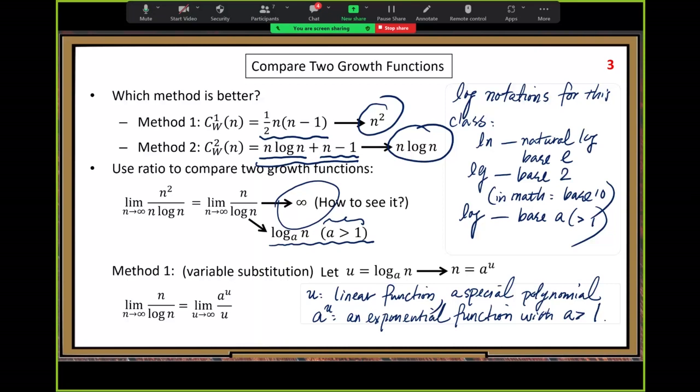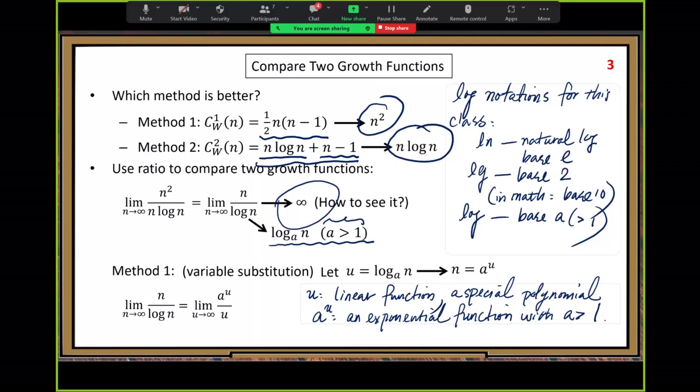There is a fact: in everyday life, people say exponential function dominates polynomials, but they ignore the base part.